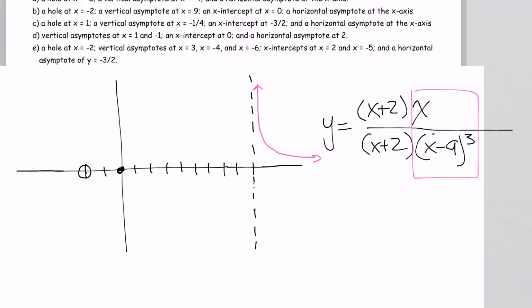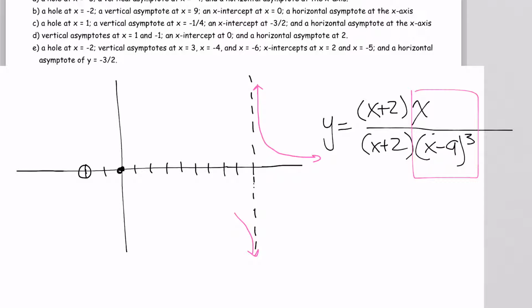All right, well then what's going to happen on the left of the asymptote? Well, since my asymptote is of an odd degree, it is going to be down. Since to the right of it I'm up, to the left of it I'm down, because the multiplicity of the x minus 9 factor creating the asymptote is odd. I have to be going to the opposite infinity.